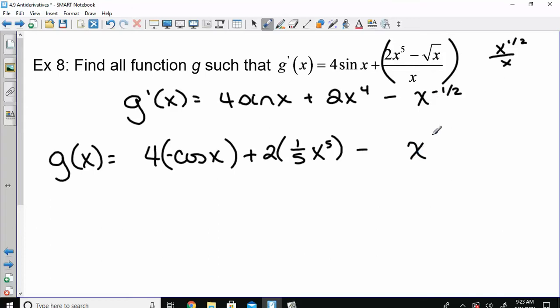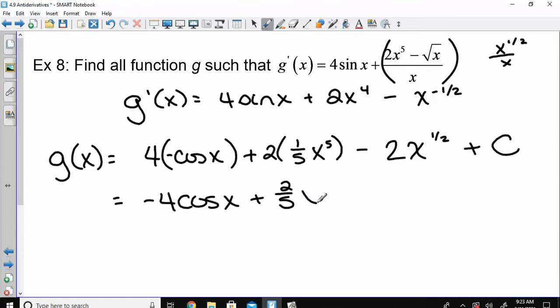If you add 1 to your power, you get positive 1/2. So what do we need in front? 2. And then never forget your plus c. So we have -4 cosine x plus 2/5 x to the 5th minus 2x to the 1/2.